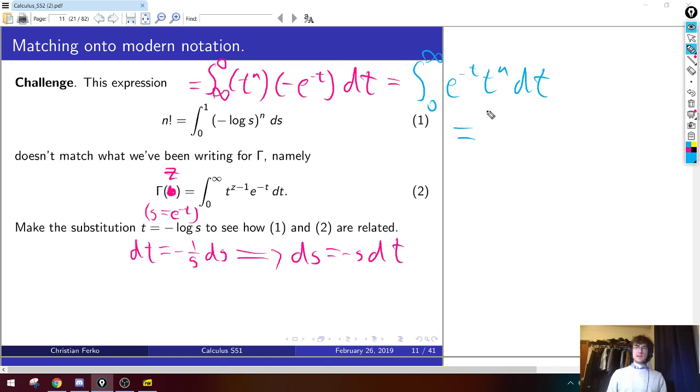This is not gamma of n. What is this evaluated at in terms of this gamma that we wrote down here?